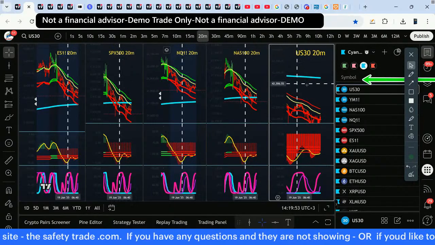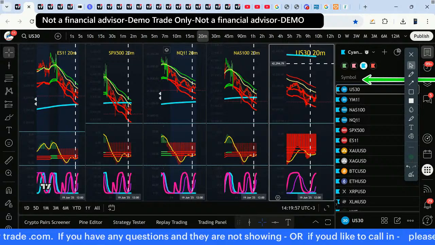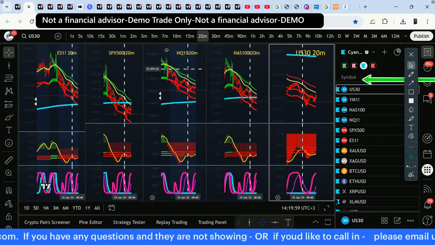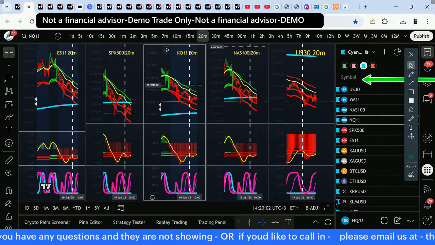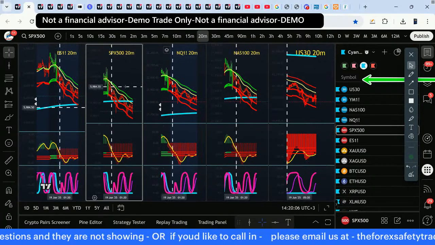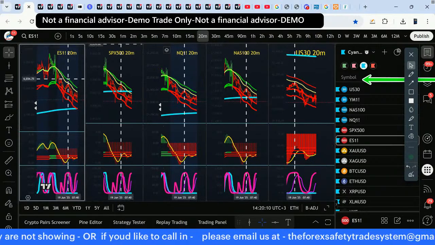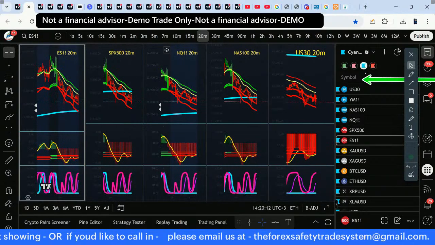Oh, this one's so far below it can't help. Let's match up these. So what you're seeing is where price action is currently, all those little red, green line thingies.